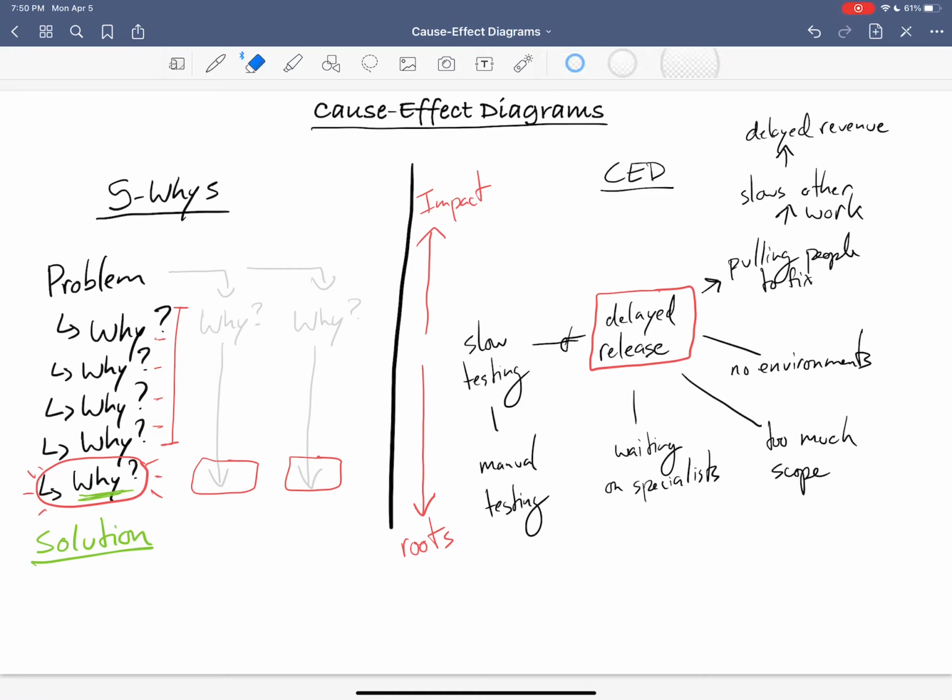So the cause and effect diagram lets us have a much richer picture about where some of these issues are coming from. And as we do this exercise as a group, we can then identify, well, maybe it's this one over here that's the root cause that we can try to do something about.